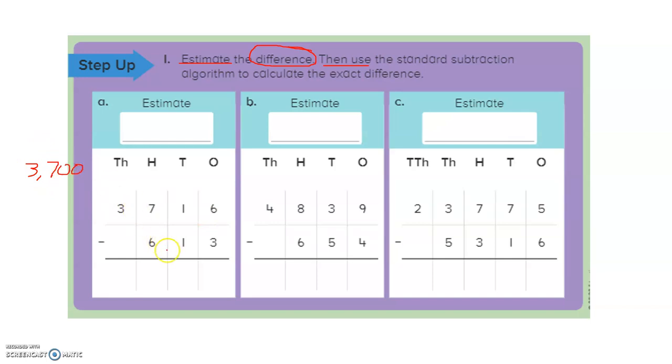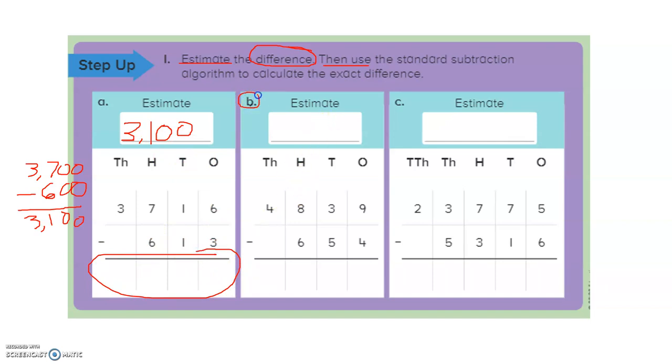And this right here, 613, let's say that's about 600. Remember, we're not adding, we're subtracting. So it would be about 3,100 would be the estimate. Then you need to subtract, and your estimate should be close to this number right here.